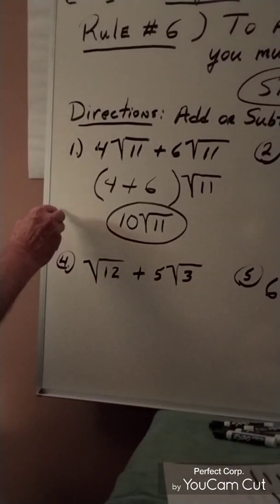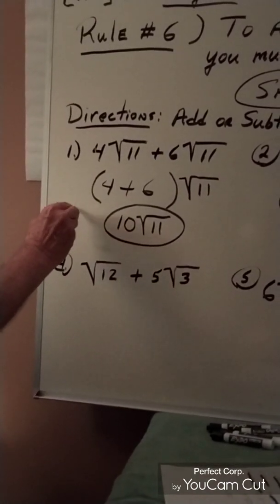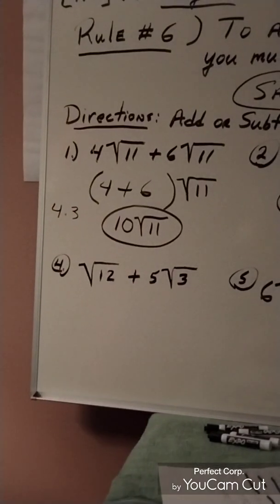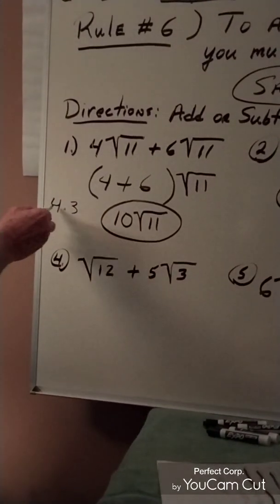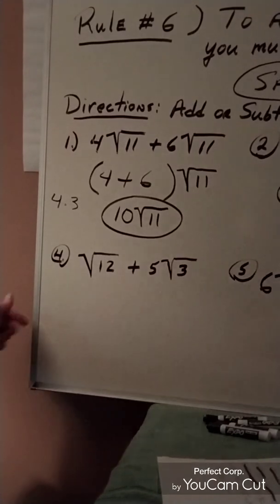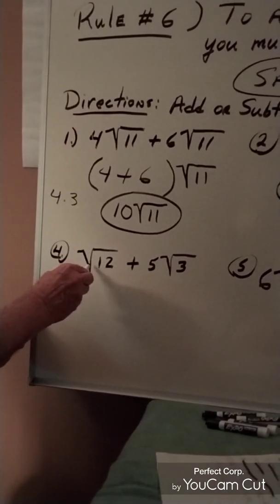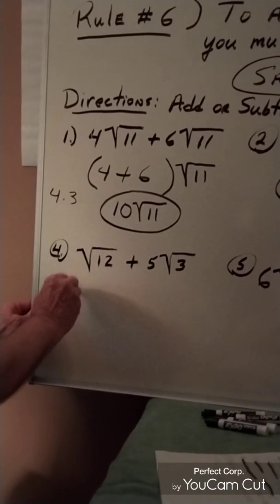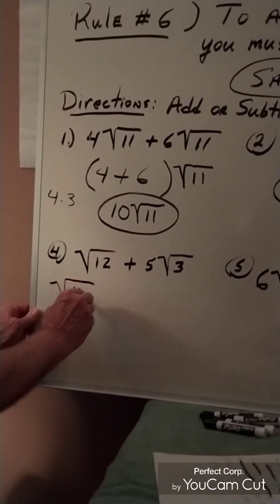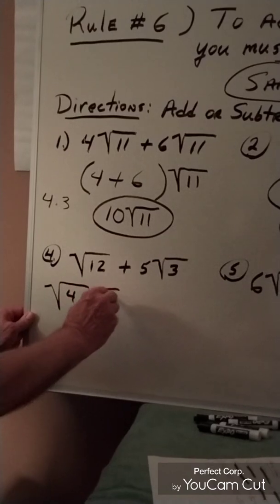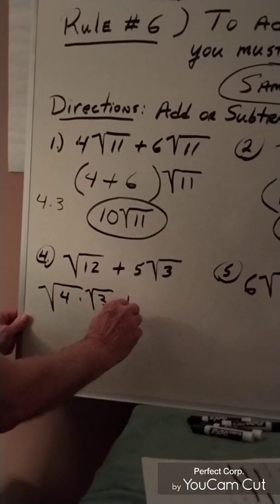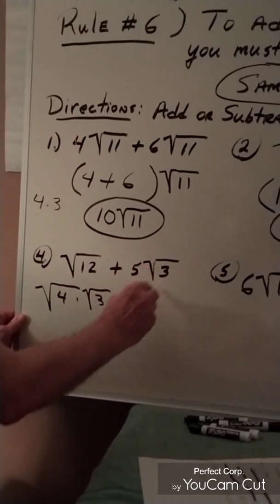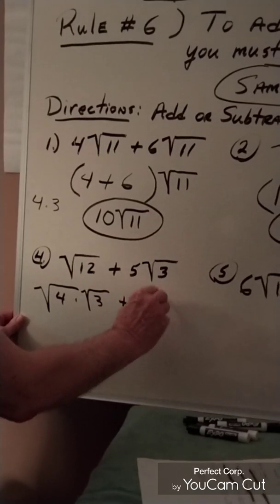Well, 12, we don't have to do an upside down division for 12. 12 is 4 times 3. 4 is a perfect square. Let's bust this first radical down using the product rule. That would become the radical of 4 multiplied by the radical of 3 plus, just bring this down because nothing more can be done with him.